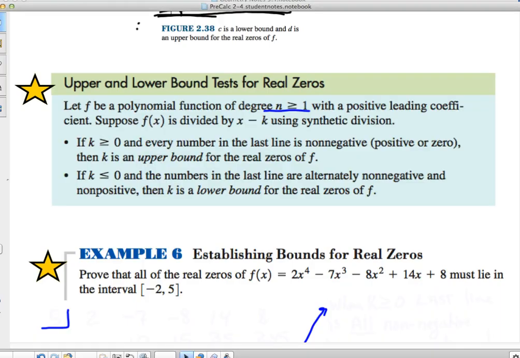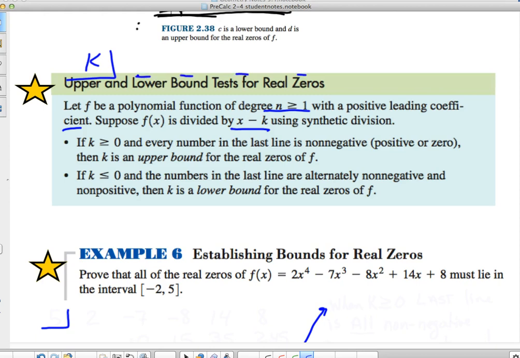So we've got this end behavior with a positive leading coefficient. Suppose f of x is divided by x minus k using synthetic division. So I have whatever function, I've got k in there because it's minus k, and I've got entries in here.